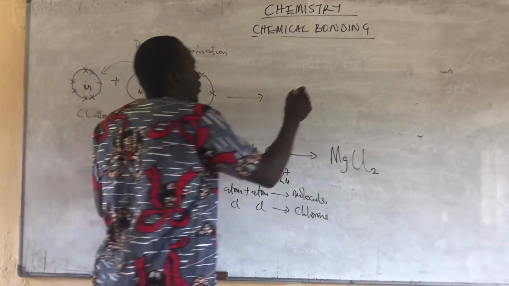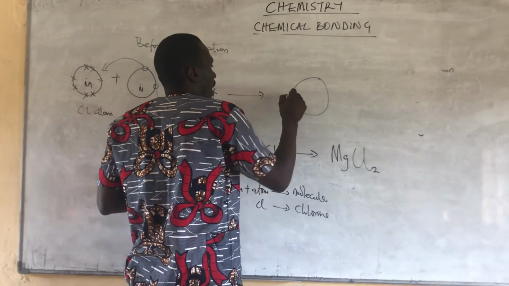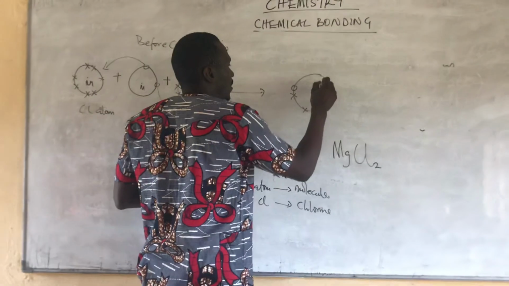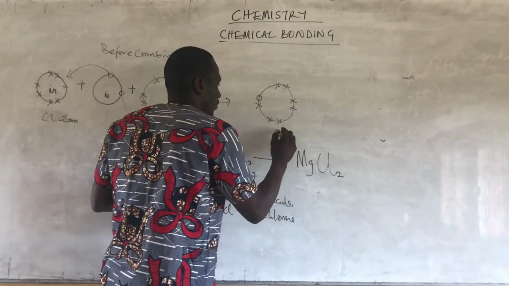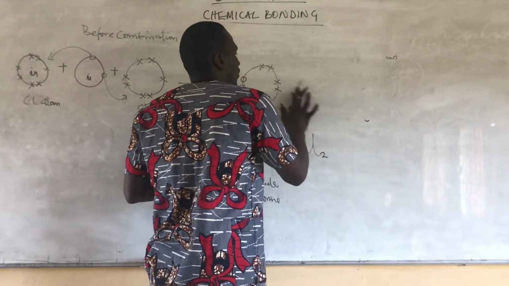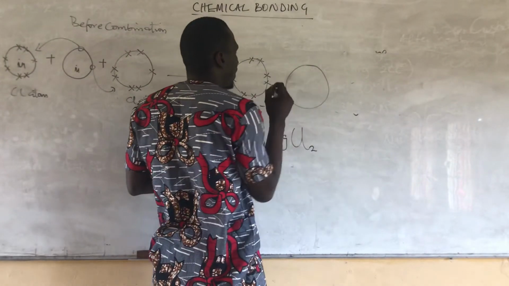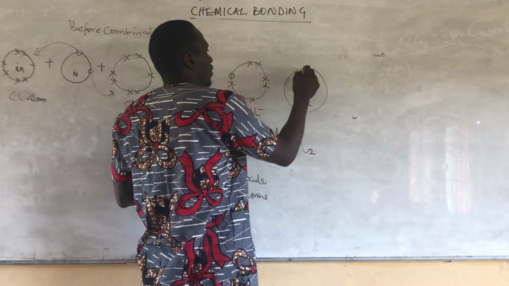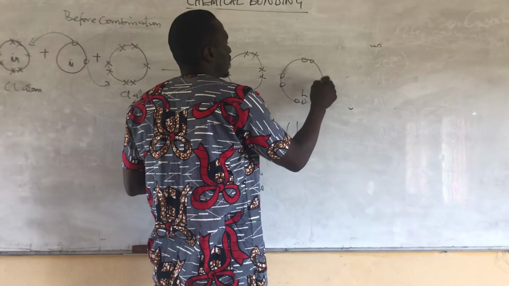After combination, you can have a chlorine atom with 1, 2, 3, 4, 5, 6, 7, and 8, plus a magnesium with shell L: 1, 2, 3, 4, 5, 6, 7, 8.